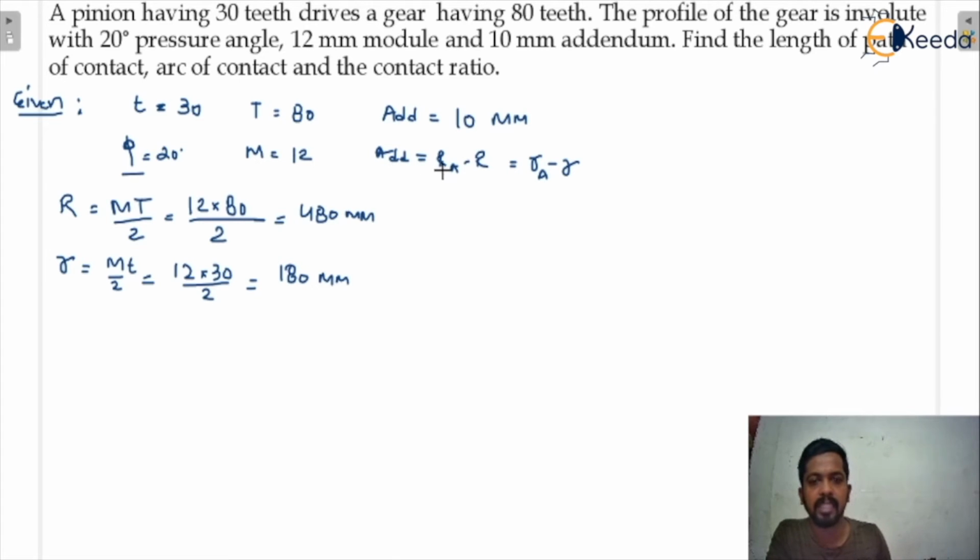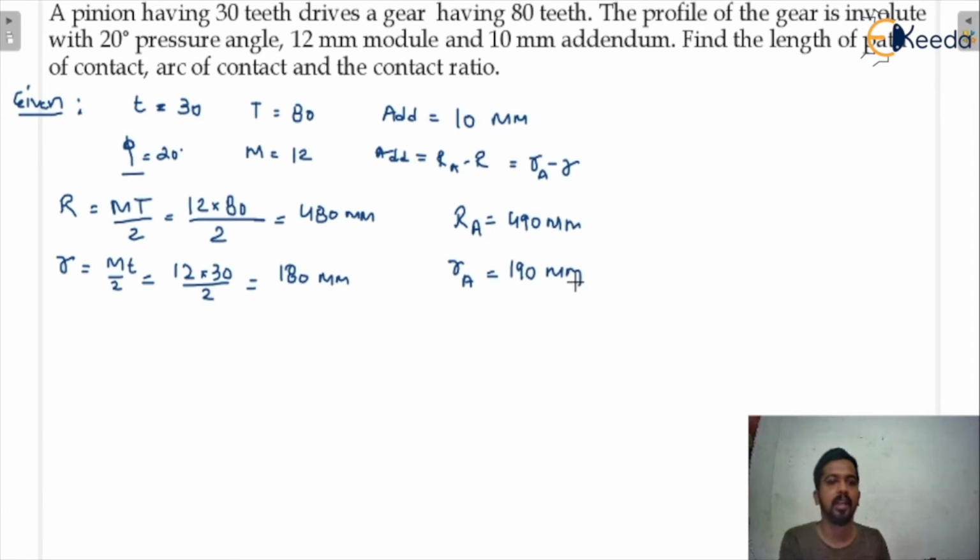So here, if the addendum is 10, we can find the radius of the addendum circle. So RA would be the addendum 10 plus the radius of the pitch circle for the gear, capital R, which is 480, so it would be 490. Similarly, RA, the radius of the addendum circle for the pinion, would be 180 plus 10, that is 190.